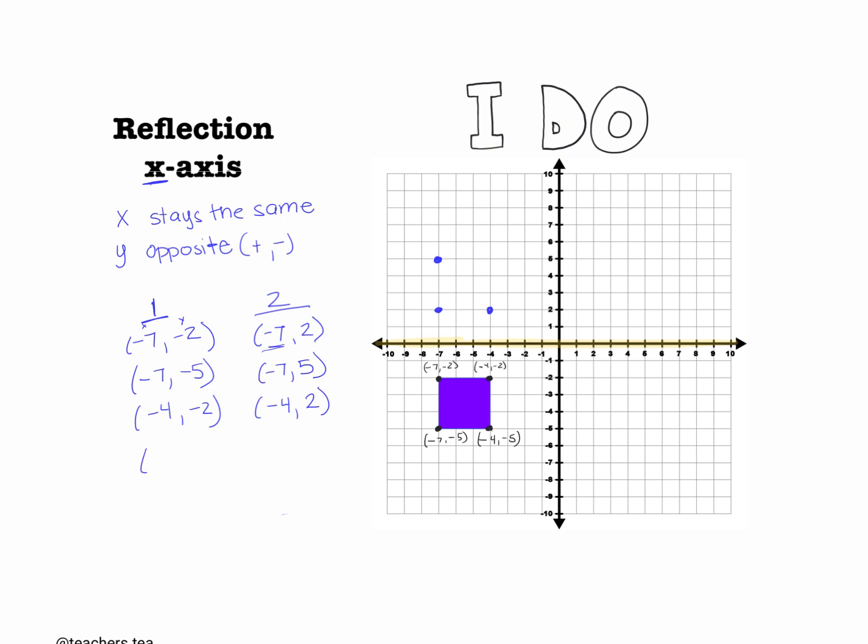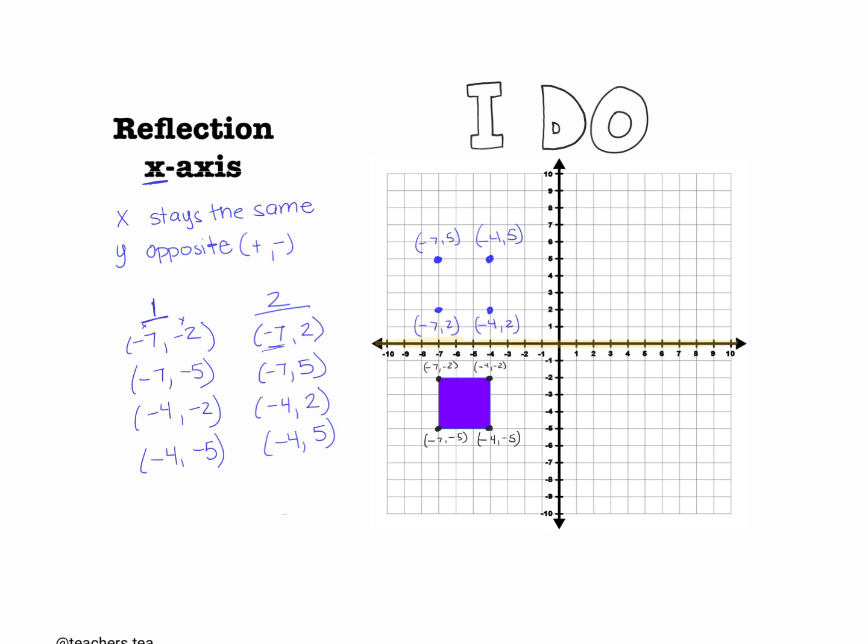And the last one we have is -4, -5. We are going to stay at -4 and change the 5 to a positive, which is right here. I should have been labeling these all along, so let me do that really quickly. We have -7 and 5, -4 and 5, -4 and 2, -7 and 2.